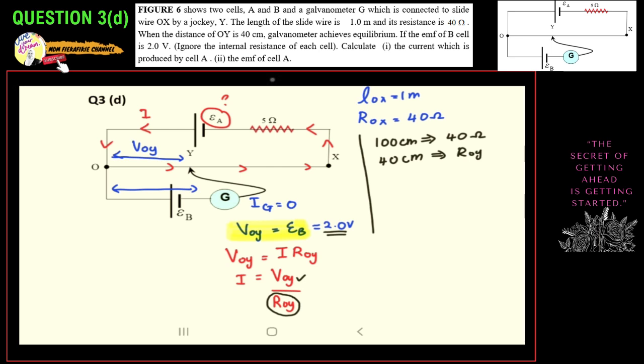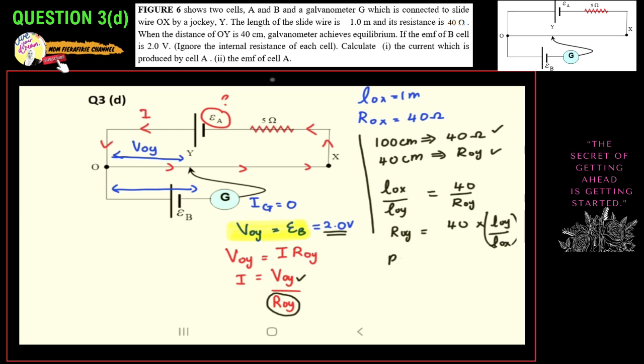Okay, so kita boleh guna ratio, di mana length OX over length OY kita bagikan equal to 40 ohm ataupun ROX bagi ROY. So sekarang kita nak cari ROY, di mana ROY is equal to 40 times LOY over LOX.